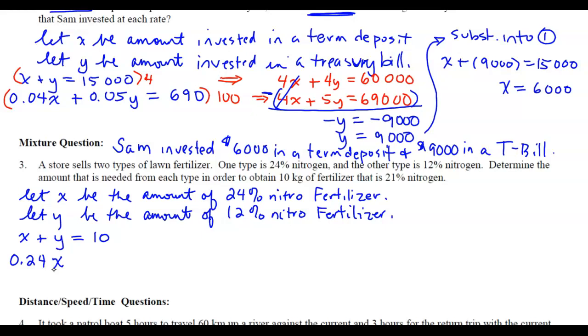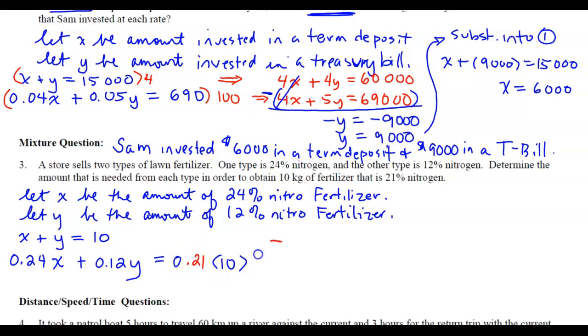That's the amount of pure nitrogen. Add that to 12% of the other bucket. Now the total has to give you, oh sorry, 21%, I mixed that around. The final needs to be 21% of the total in that third bucket, which is 10 kilograms. Again, don't put units in.